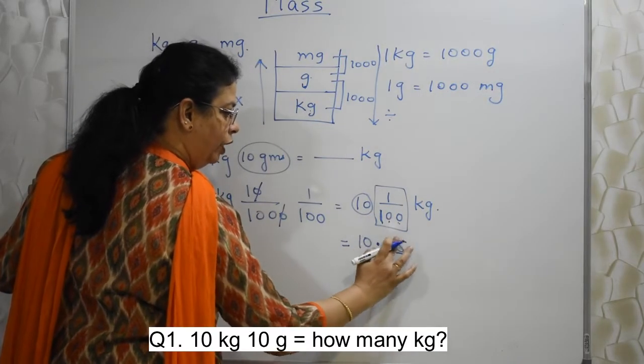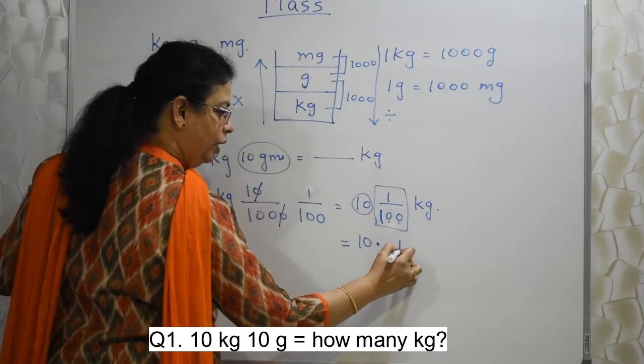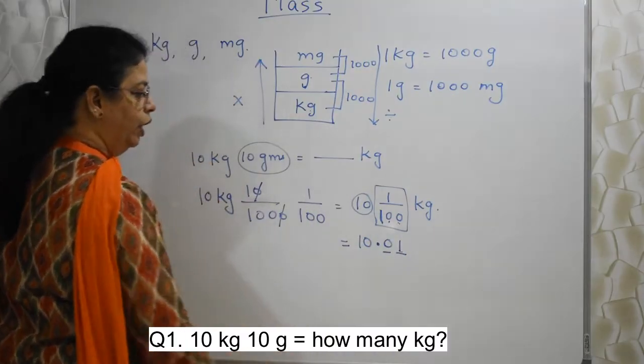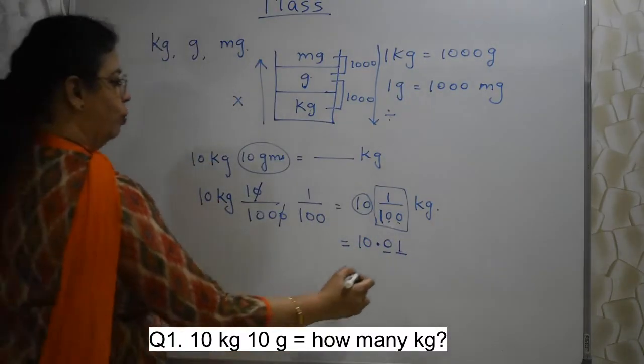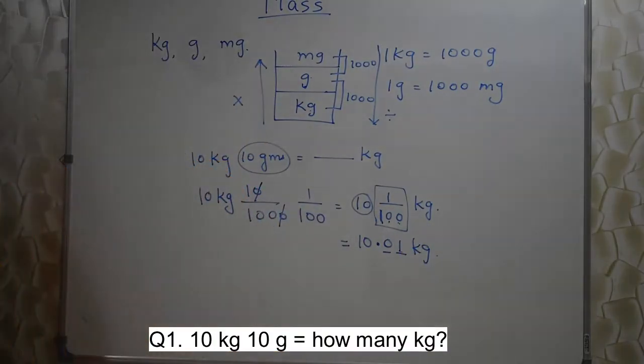But I have only one digit, so 1 digit will occupy this place. I don't have anything left for this place, so I will cover it with 0. So my answer is 10.01 kg. See how simple it is. We'll go to the next sum.